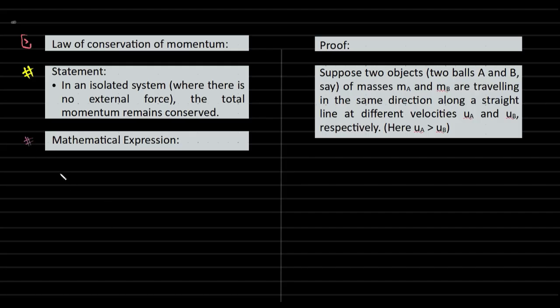Mathematically, it looks like this. Initial momentum of the system is equal to final momentum of the system. So mathematically, if I have to use variables and everything, it would look something like this.